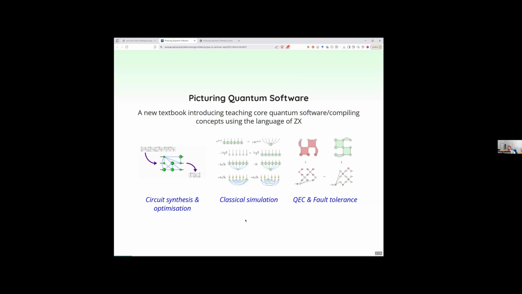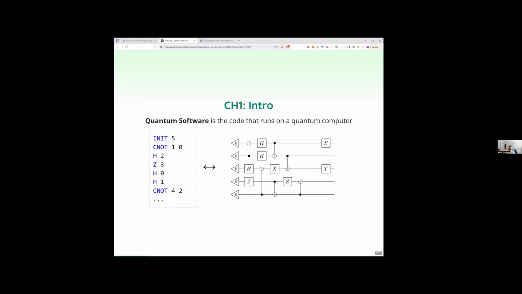Okay, so let me just get stuck in. I'm going to go chapter by chapter here, but then I'll dig down a little bit when I think there's particularly interesting or nice things to mention. So what do we mean by quantum software? This is a question about what the scope of this book is. Quantum software is really just the code that runs on a quantum computer.